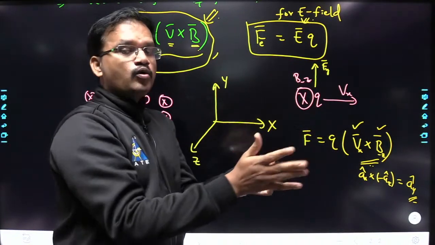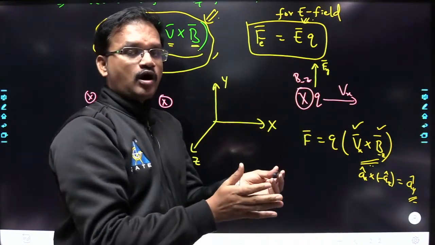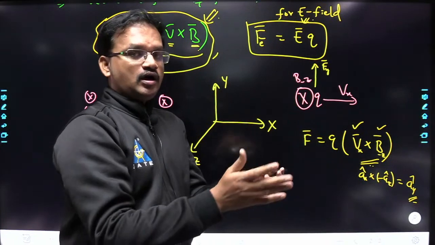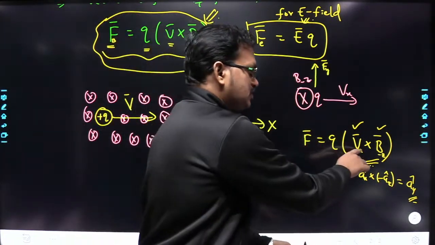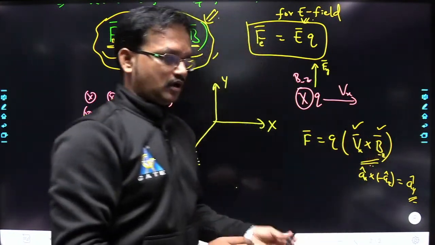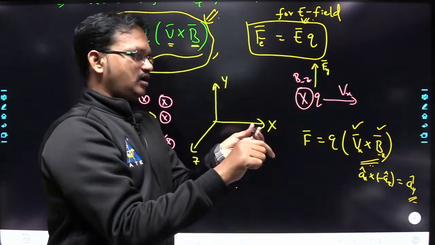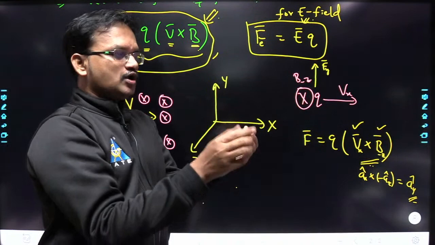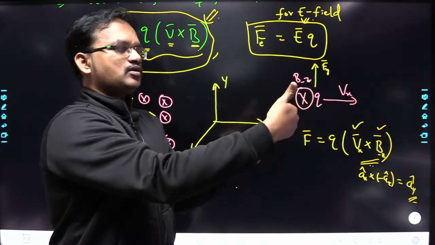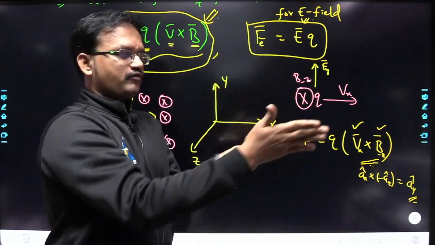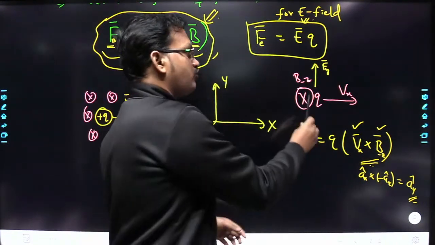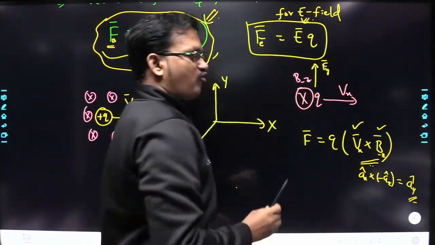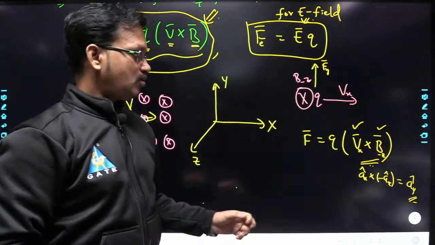How can you determine the direction of the cross product? Take your right hand and curl your fingers from V bar to B bar. V bar is pointing in this direction and B bar is pointing into the board. Then the thumb is pointing in the upward direction. That means the force is going to point in the upward direction. Understood?